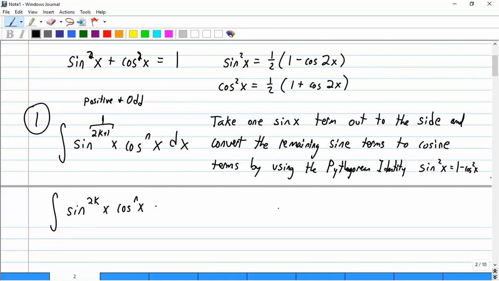And what are we doing? We're taking one sine term out to the side. So I'm bringing sine to the first power out here, always.